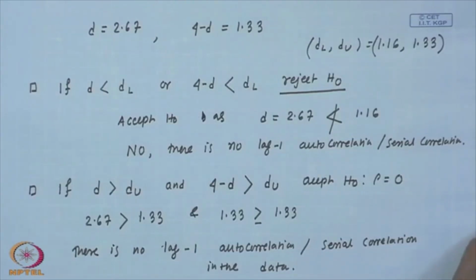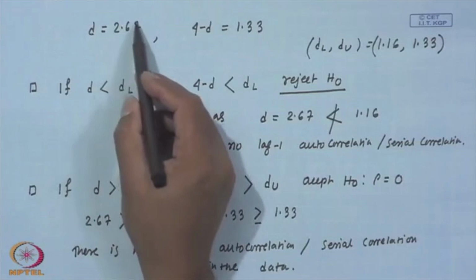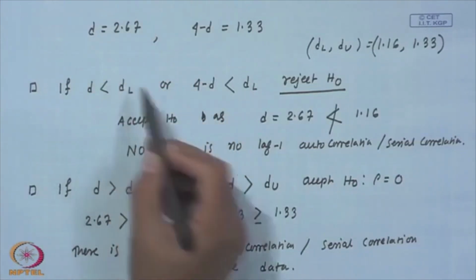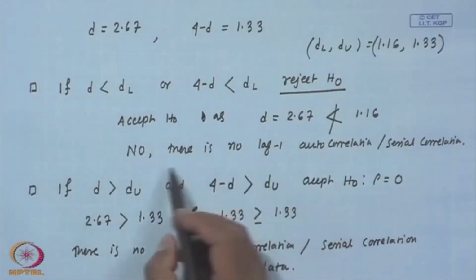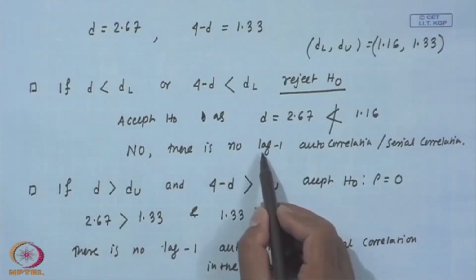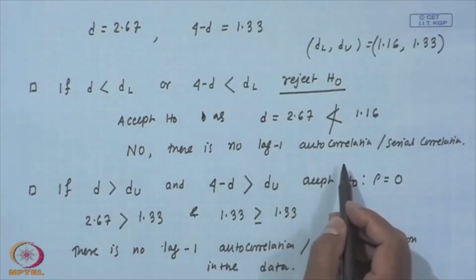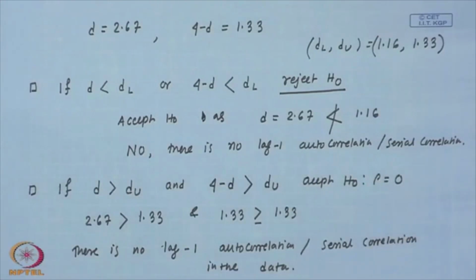And here you can see that the d value is not smaller than the d lower value. That is why finally the conclusion is that there is no lag 1 autocorrelation in the data. Okay.